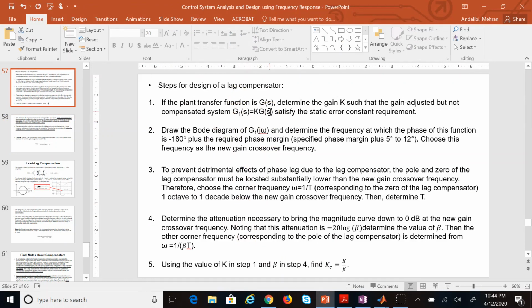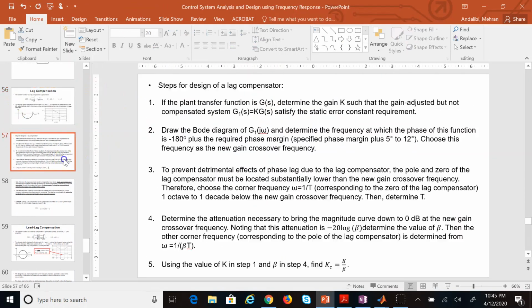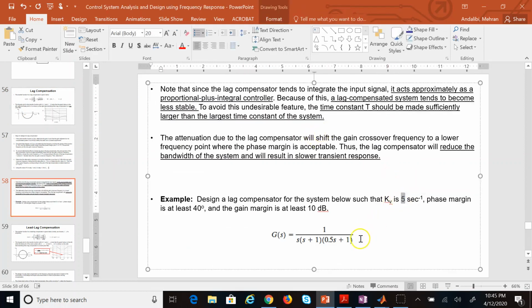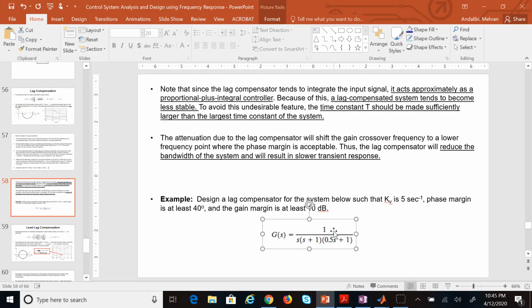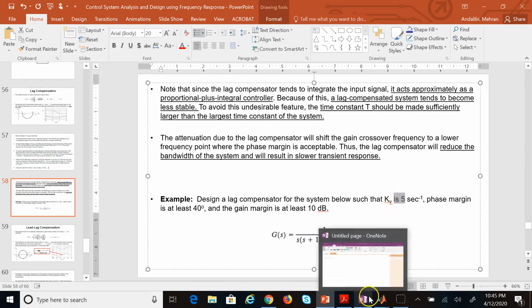Step number 1, find this constant K such that Kv of the new system is the number that you want it to be, 5. The original system does not have a Kv of 5. We're going to calculate it. It's less than 5. We want to bump it up to 5 to reduce the steady state error.